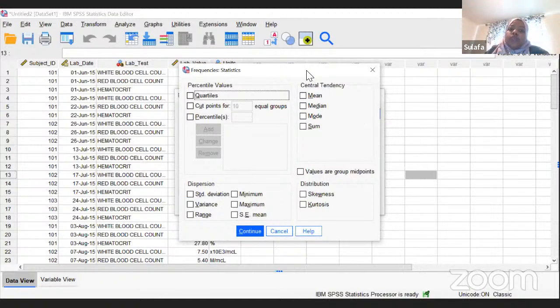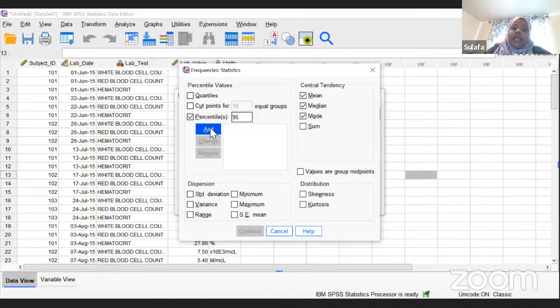Here you can choose the central tendency if you want: mean, median, mode. And you can also choose percentile values. Here you should choose what level of percentile. So I can choose up to the 95th percentile.